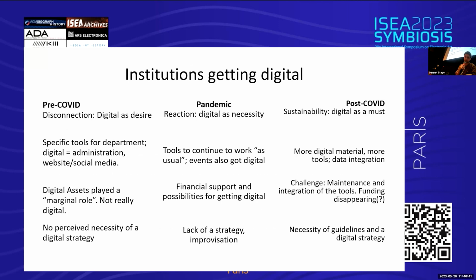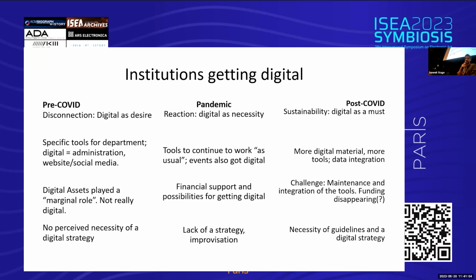temporal. And here it's institutions getting digital over time, to be really easy and basic. There is a moment before the pandemic, and then after the pandemic. Before the pandemic, nobody was really believing in digitality as such, as in, okay, we can connect the data with each other, inside the institution, outside the institution, and so on.